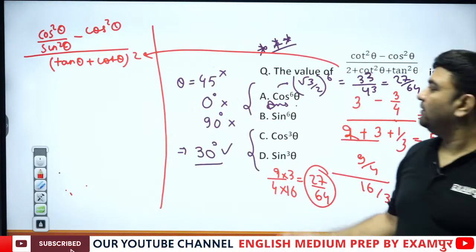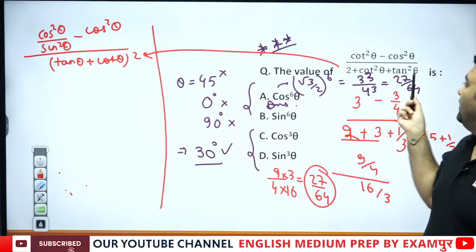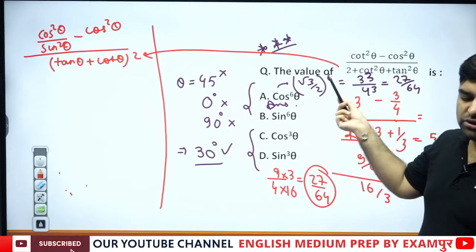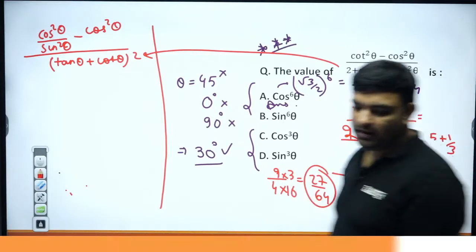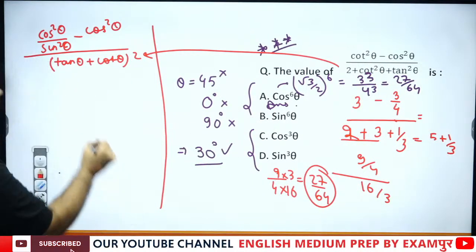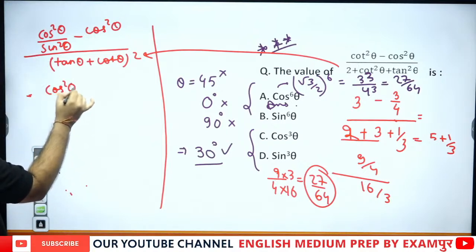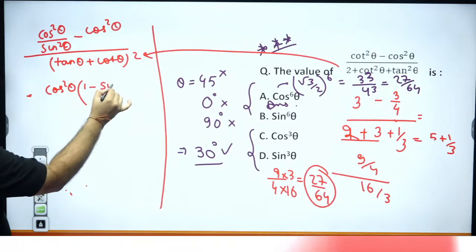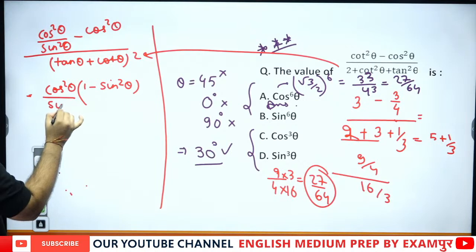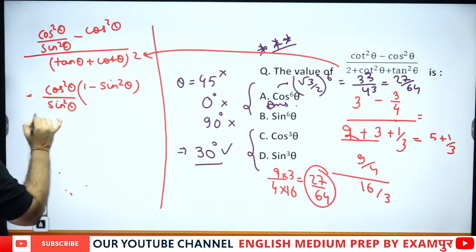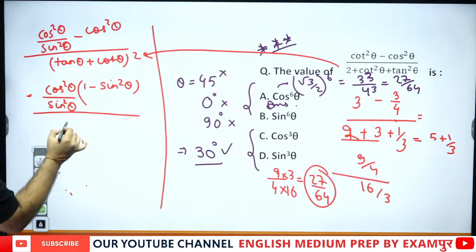Is this step clear? A square plus b square plus 2ab. Tan and cot got cancelled out. Taking cos square theta common, it will become 1 minus sine square theta upon sine square theta, divided by sine upon cos plus cos upon sine.